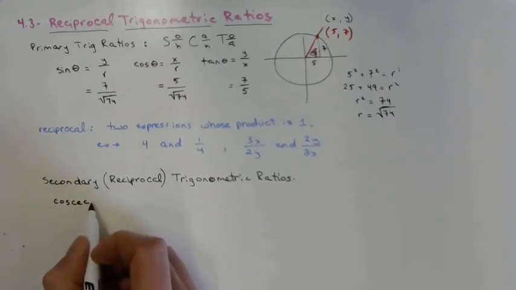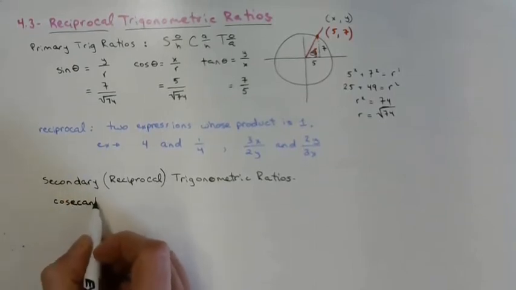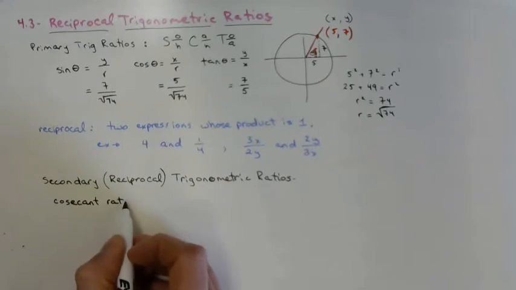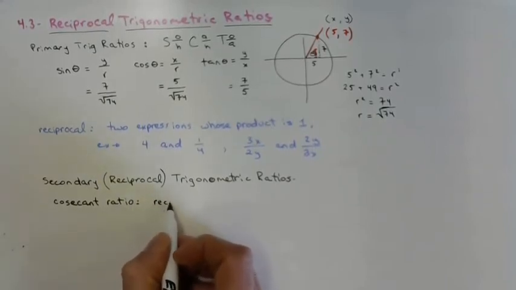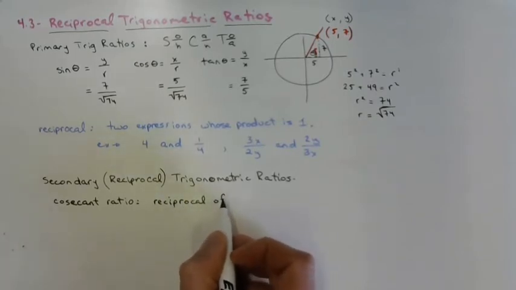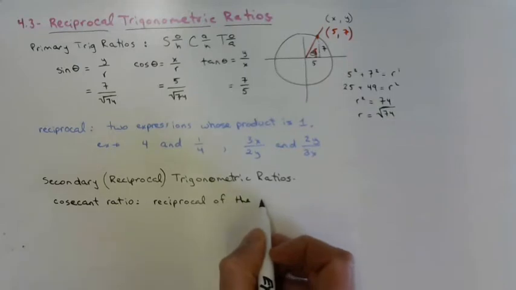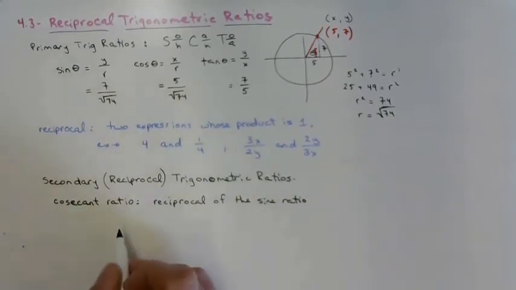Okay. First one that we have is called the cosecant ratio. This is the reciprocal of the sine ratio. Okay, I'm going to write things in words and in symbols.